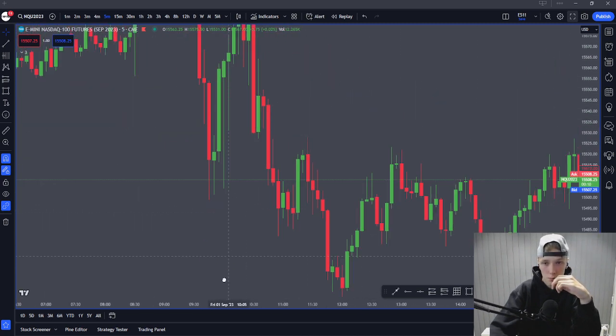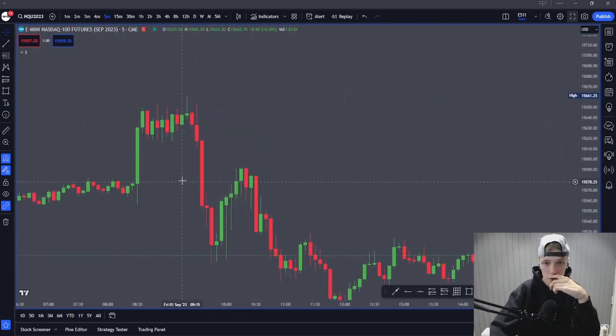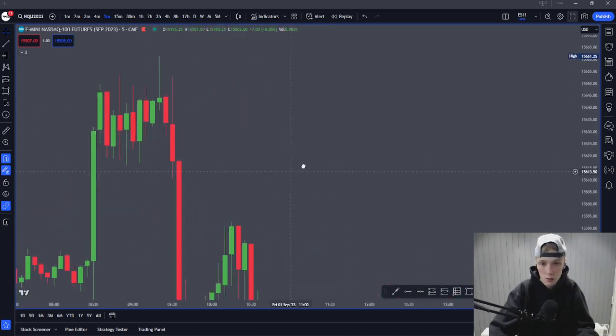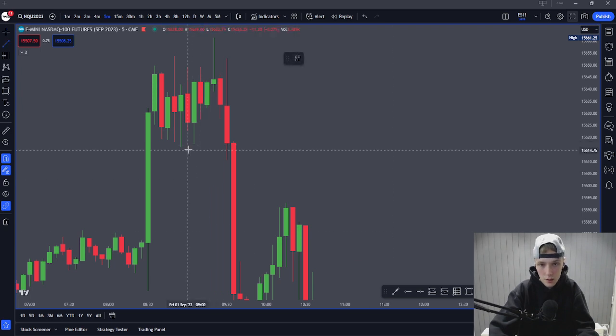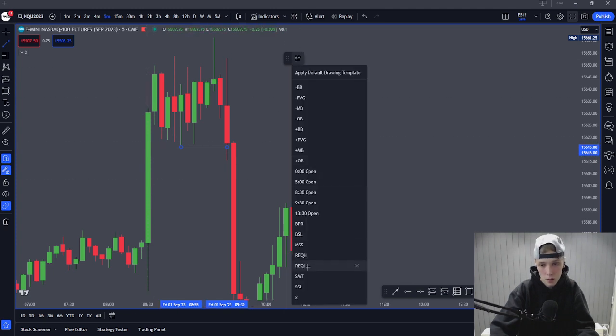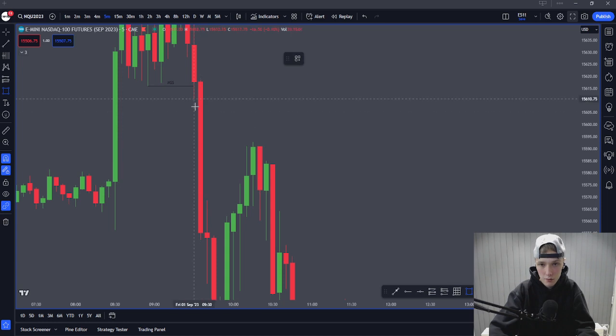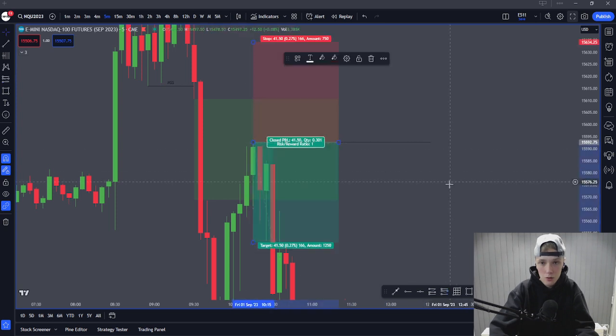That your trade is going to be a good long or a good short, right? So let's use this thing right here. This is an intermediate term low, right? It rebalances this imbalance. So this is a market structure shift. It leaves behind this fair value gap, creating an intermediate term high, which is also your entry.